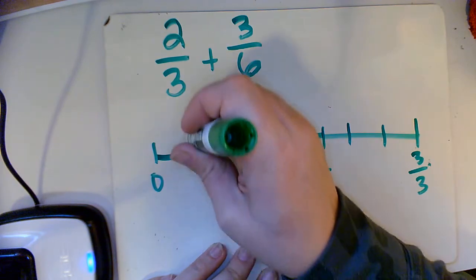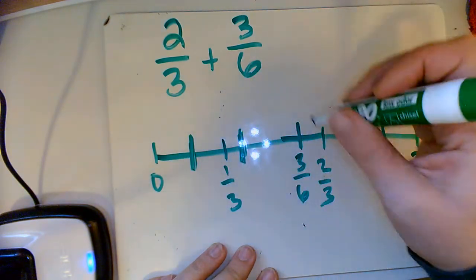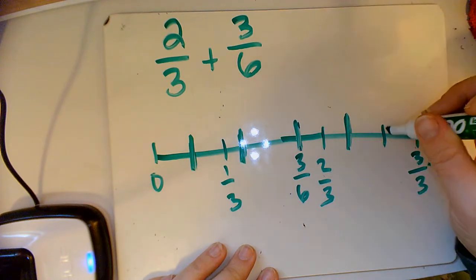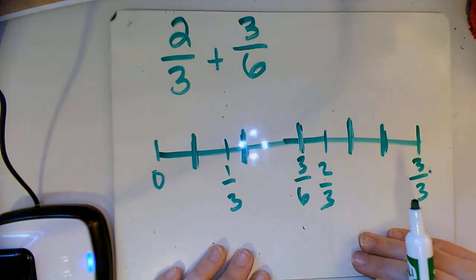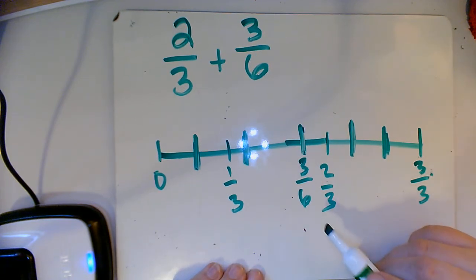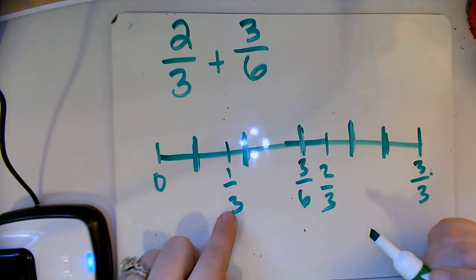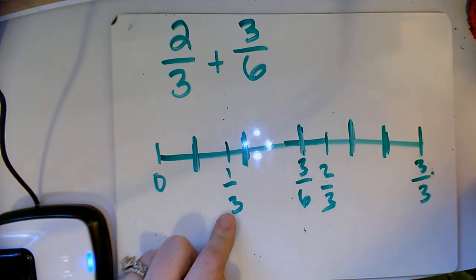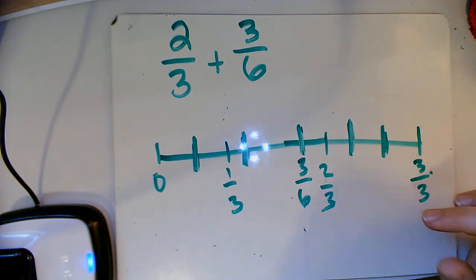So these bigger marks we can think of as our sixths. And if you want to use different colors, that's a little bit easier to tell the difference between them. All right, so here's 1/3, 2/3. I'm going to add 3 of those sixths, 3/6.